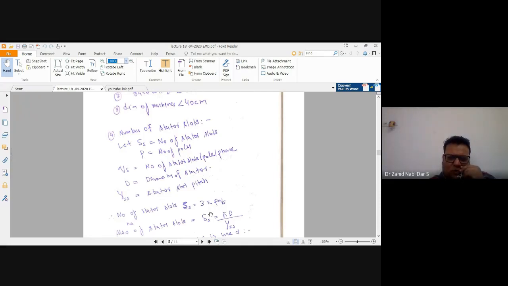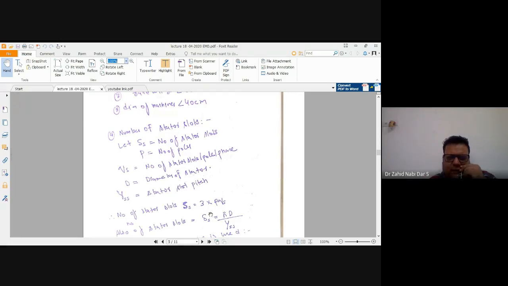First of all, we have to understand how many slots there are in the stator, because the stator is a stationary part. There are some slots in which windings are passed, so we have to understand the number of slots.